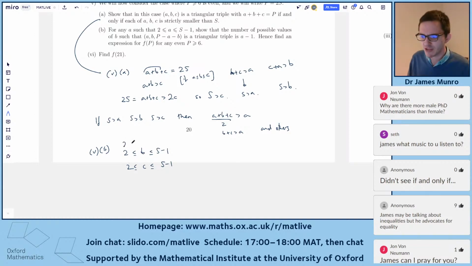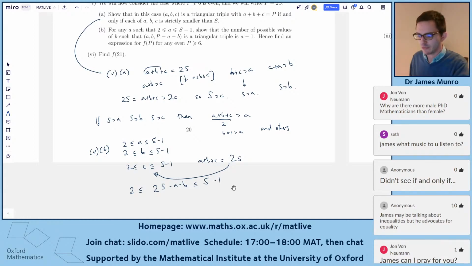I suppose I've got 3 of these conditions, but I also know that a plus b plus c is equal to 2s. So the idea is the slightly mad, perhaps, of going in here and plugging into this one for c.